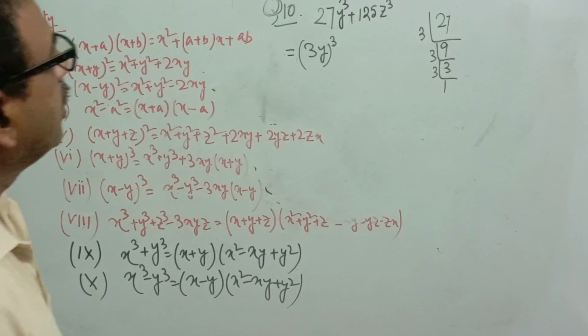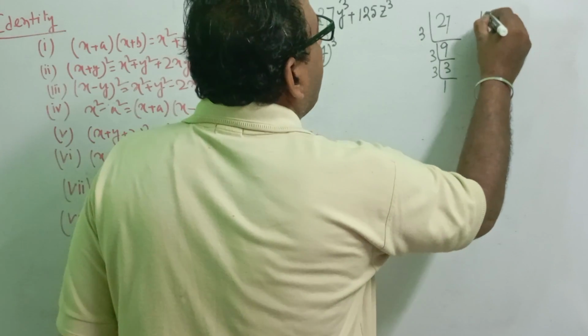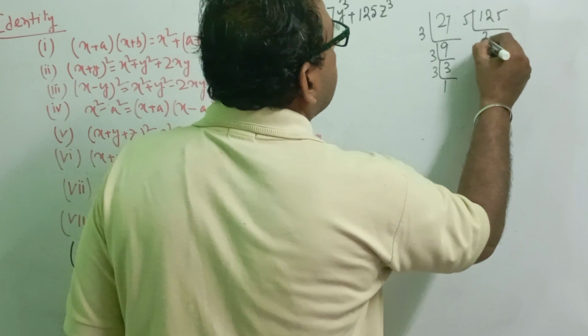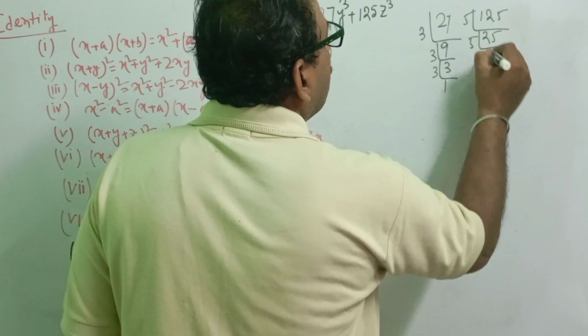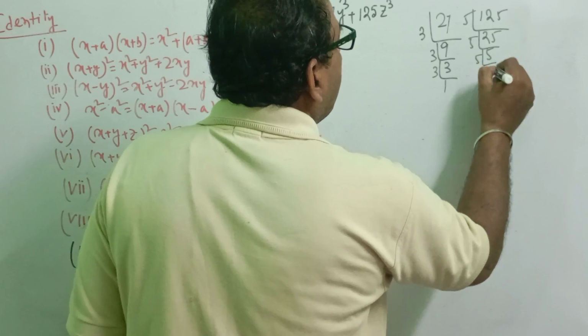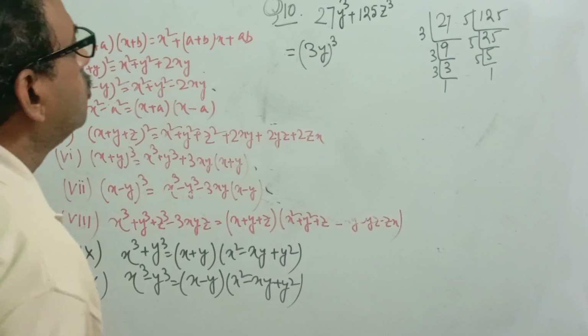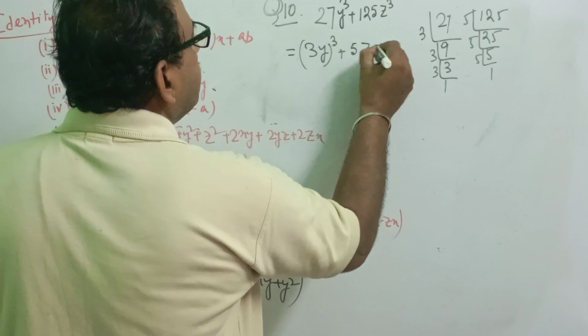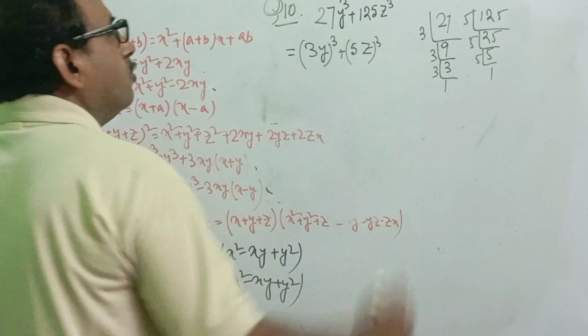And 125 is 5 times 5 times 5, so this can be written as 5z whole cube.